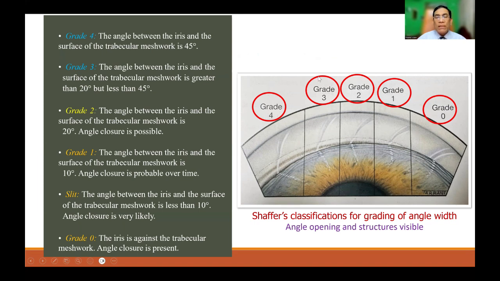I tell you, if you find 3 structures anteriorly, it's grade 3. Anterior 2 structures, grade 2. Anterior 1 structure, grade 1. There is Schwalbe's line only. If you do not find anything, grade 0. So sometimes we find no structure, that is grade 0. So angle opening and structures visible depend on this. So this is a very important grading. And if you find the structures, you can make the grading yourself.